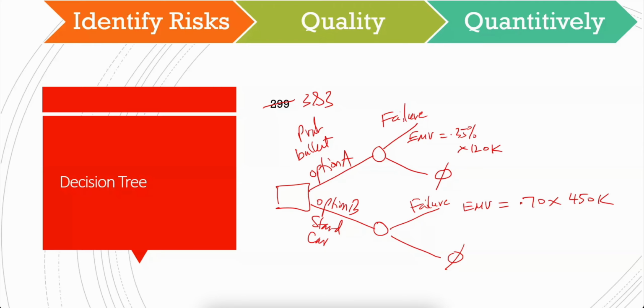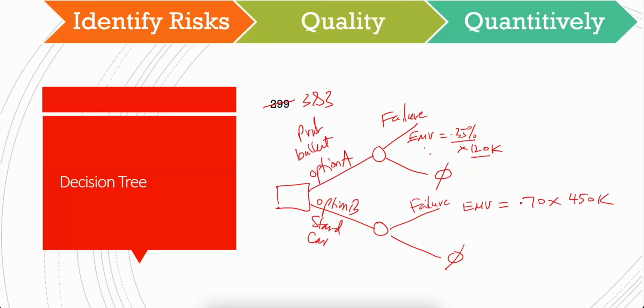You can say, if this risk happens, if somebody tries to shoot me while I'm driving this car, whether it's bulletproof or not, what would be my EMV? So you calculate the EMV. In this case, where it's a bulletproof car, your probability of getting killed is 0.35%, and this is the cost. And so you have an EMV, whatever that amount is.